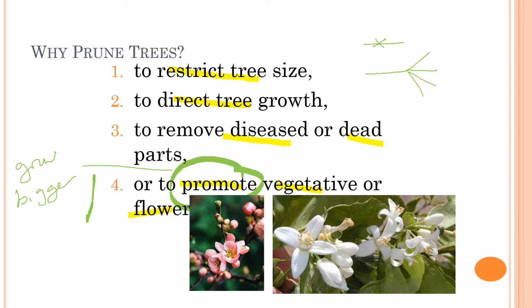You'll have 3, 4 branches. Sometimes this is vegetative, and some of these branches actually produce flowers. So this becomes flowers. And that's all because you made the cut here. And that's why in this case, number 4, we want to promote vegetative or flowering buds.